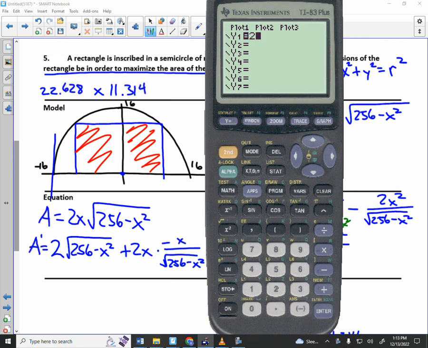If I take 2x square root of 256 minus x squared, and I'm going to change my window because I need that. I know I need to go out to 16. Look at my graph here. Don't see too much right now, do you?